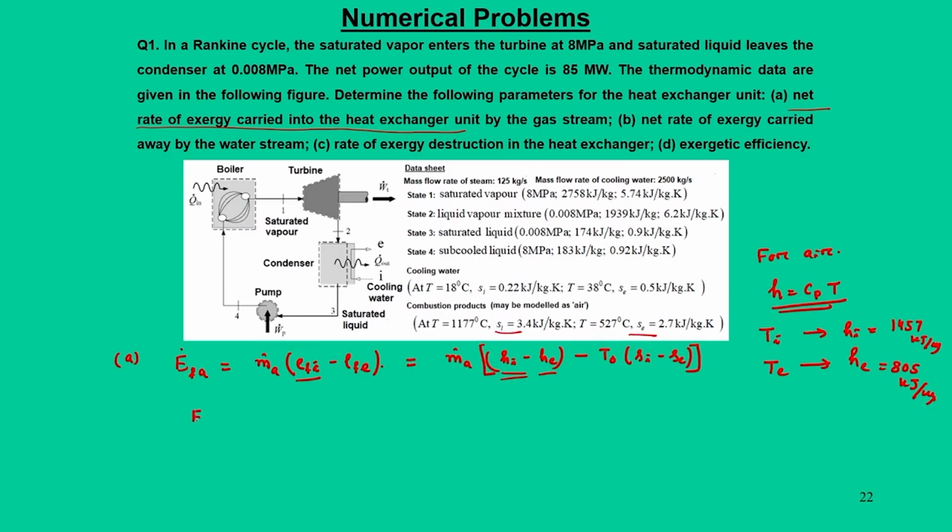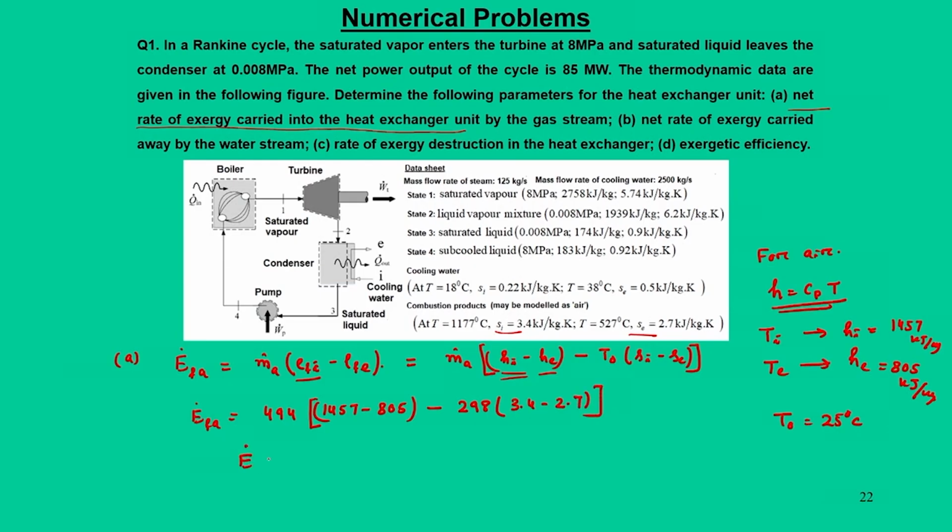So, we can find E dot F A is equal to m dot A, already it is 494, times H I, 1457 minus 805, minus T 0, which is 25 degree centigrade, that is 298, into 3.4 minus 2.7.